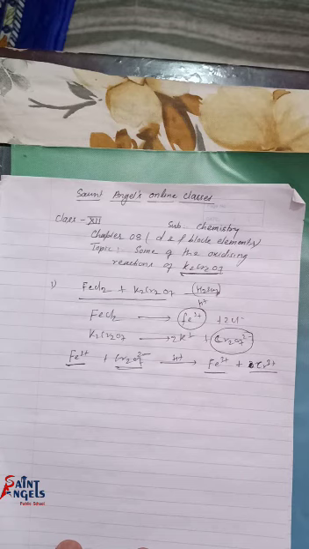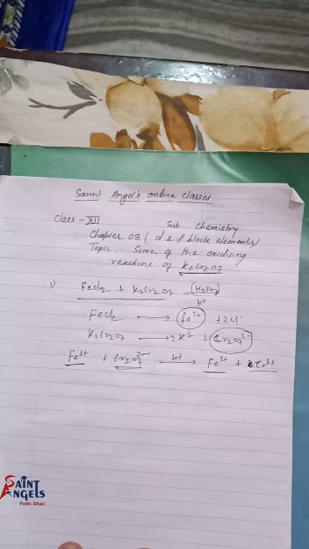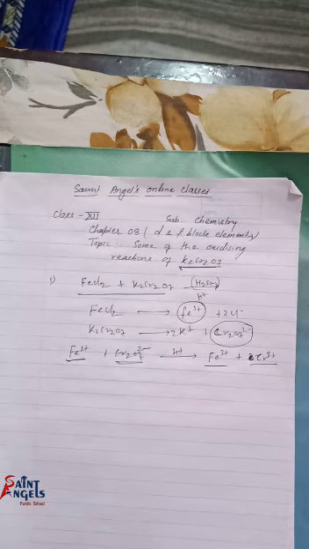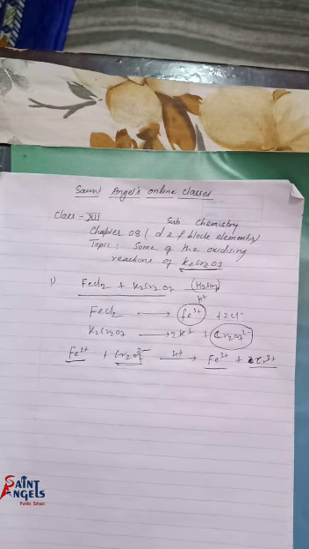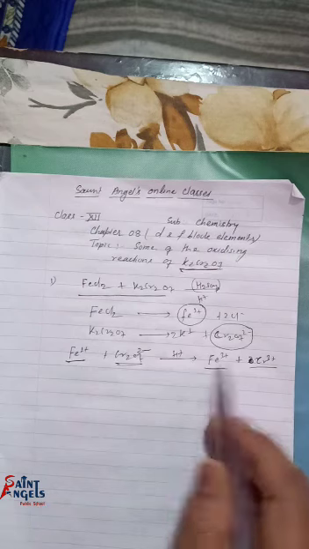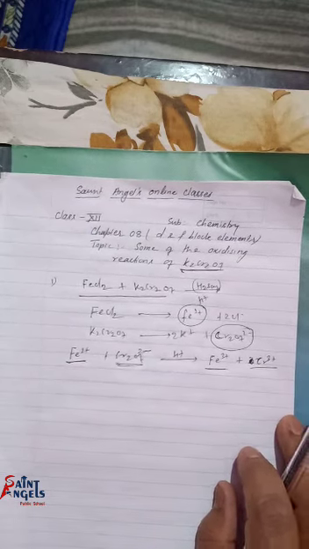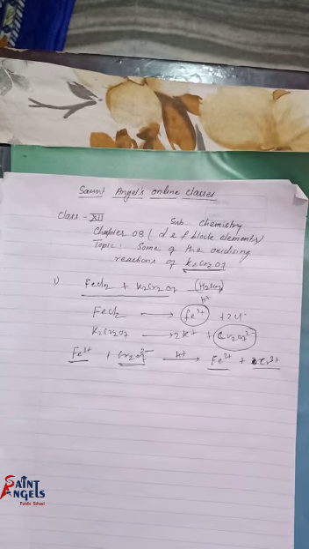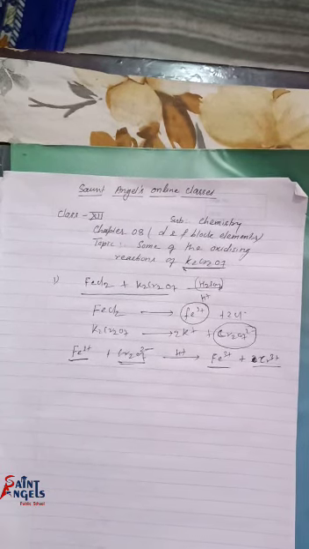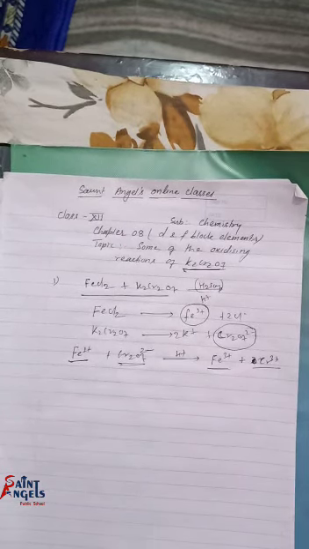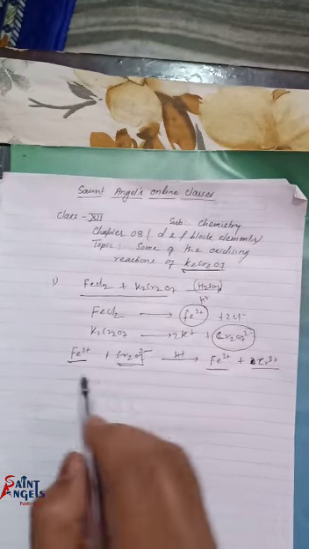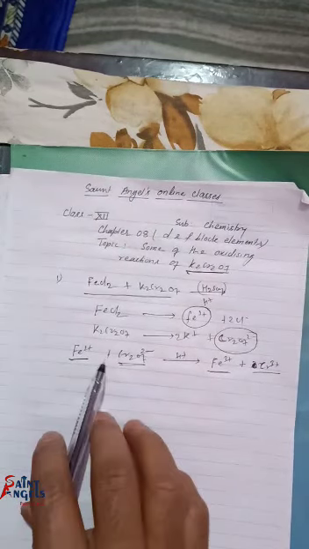Now you have to balance this equation, and already you know how to balance it because this is a redox reaction, and in class 11th you have already discussed this process.